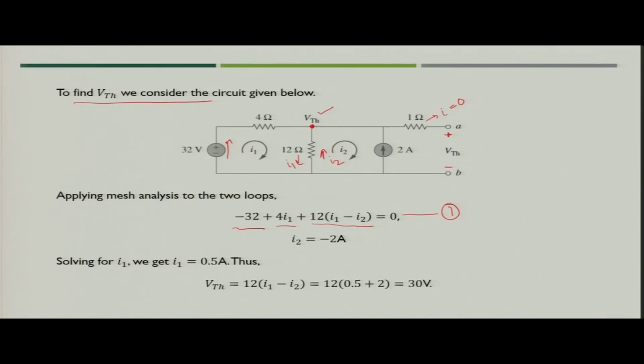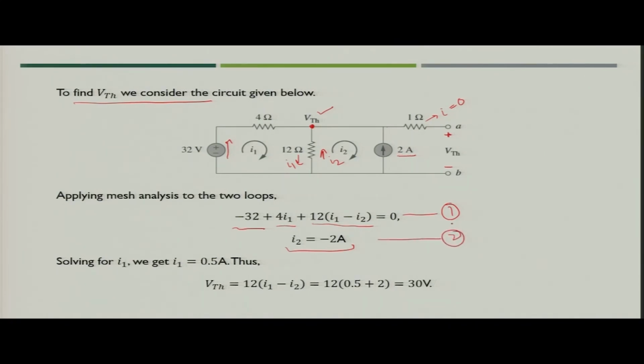Now, if you see the mesh 2, you can straight away see that current I2 is nothing but opposite of the current source value, that is 2 ampere. So, you can simply write I2 is nothing but minus 2 ampere.